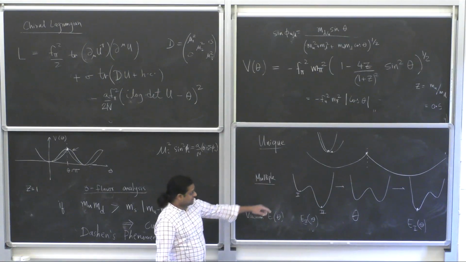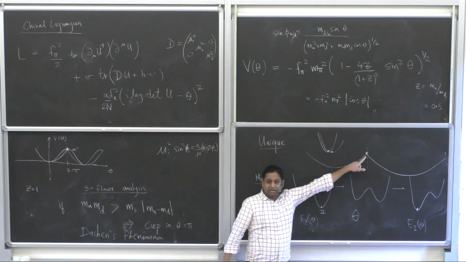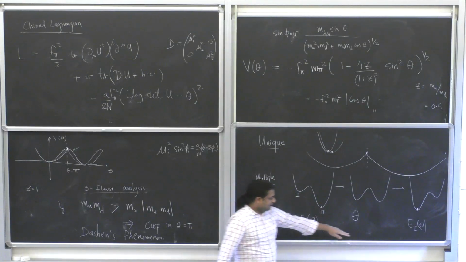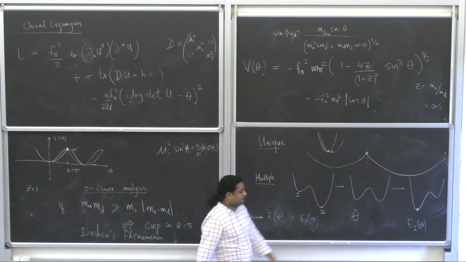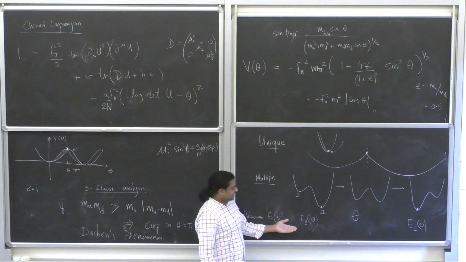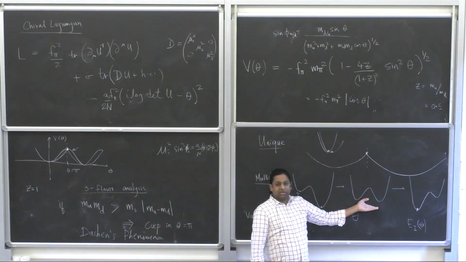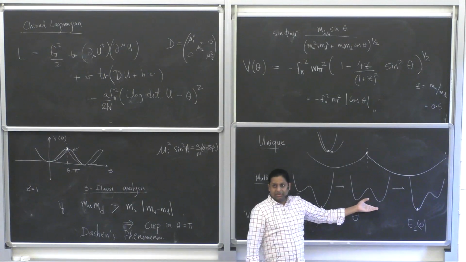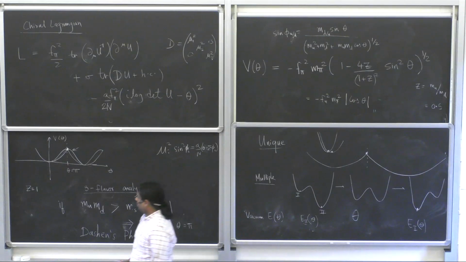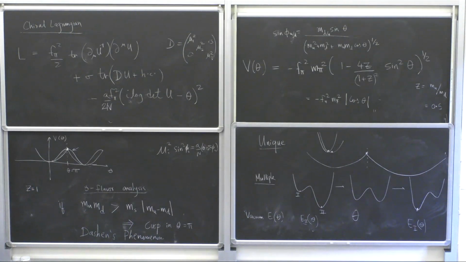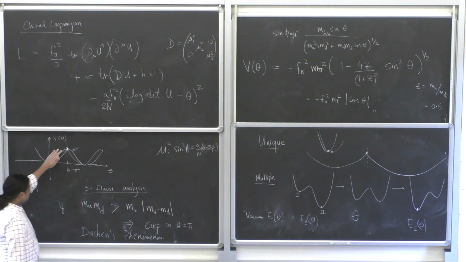The crossing point is the cuspy point. E1 of theta and E2 of theta themselves are smooth functions of theta, but the vacuum energy itself is not a smooth function of theta. Whenever there is a first order phase transition, they cross with a cusp. This cusp is not present in the standard model.